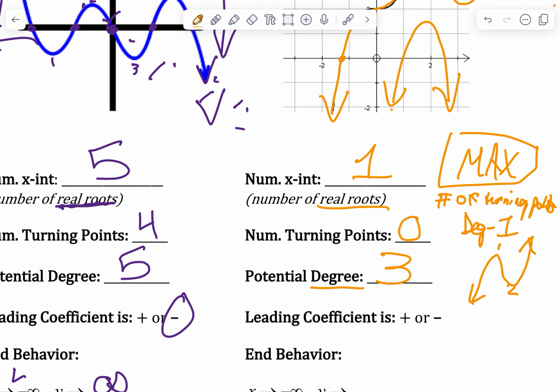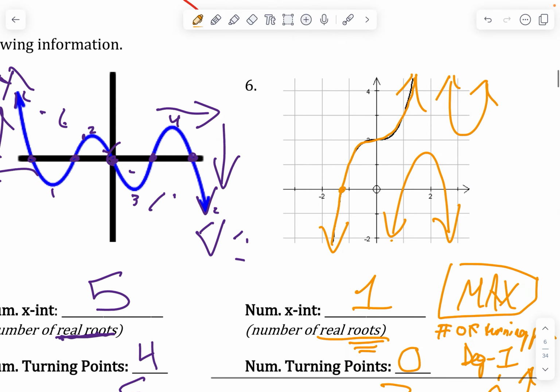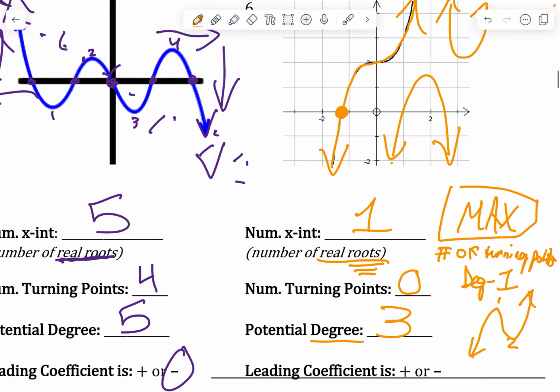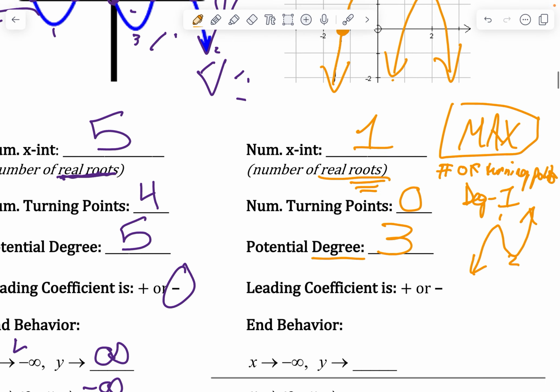Okay, it's just this one didn't. All right, it's kind of the same thing with roots, with how, yes, the number of roots and degree will match up. This will have 3 roots. It's just that they're not all real, and graphs only show you the real roots. All right, so had to be a little careful with that with potential degree.